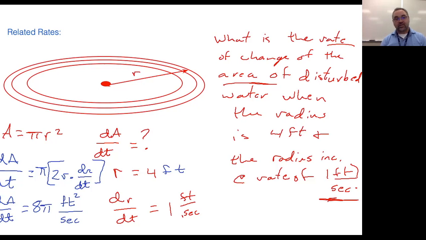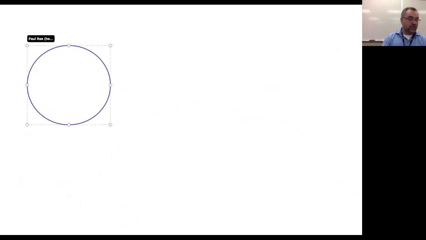Let's try another one. See if we can come up with a relationship for this one. We are inflating a spherical balloon. So now we have a balloon that's a perfect sphere. I know most balloons are not perfect spheres, but we'll do our best here to have a perfectly spherical balloon. Oops, that's not very good, the pen slipped across the thing there.